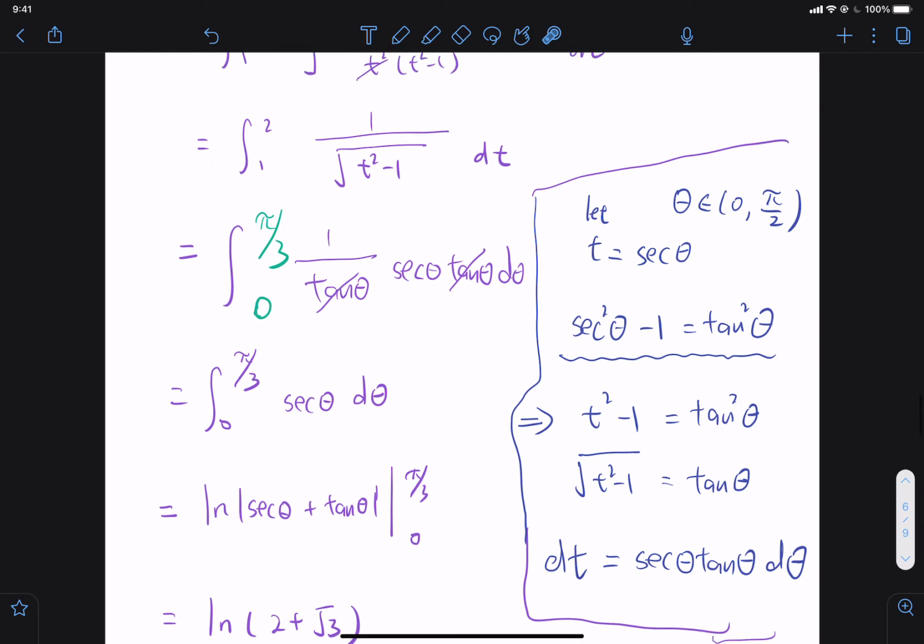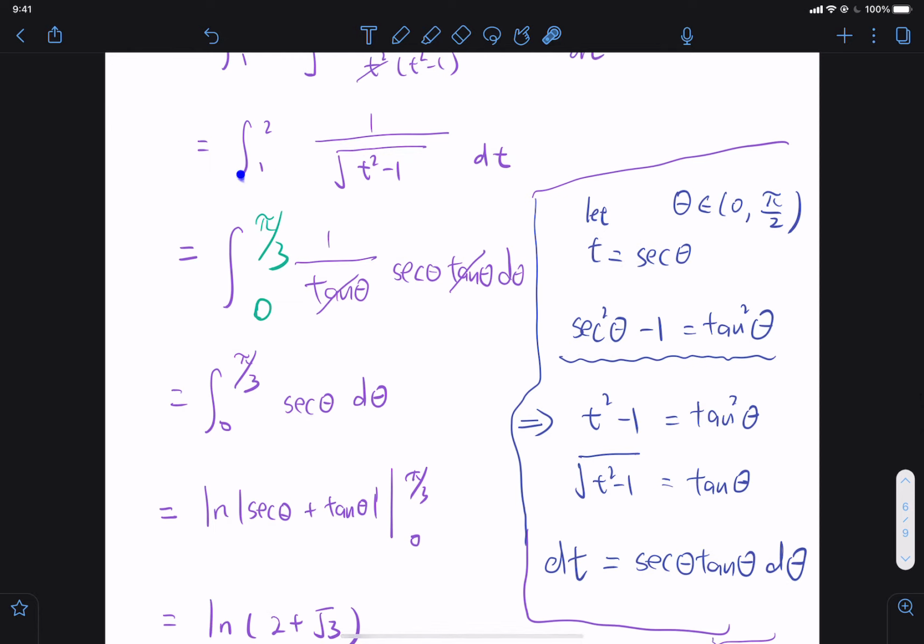So when t is equal to 1, we have secant theta equal to 1, which means 1 over cos theta is equal to 1. So cos theta equal to 1, what does that mean? That means theta is equal to 0. So it's here, new bounds.